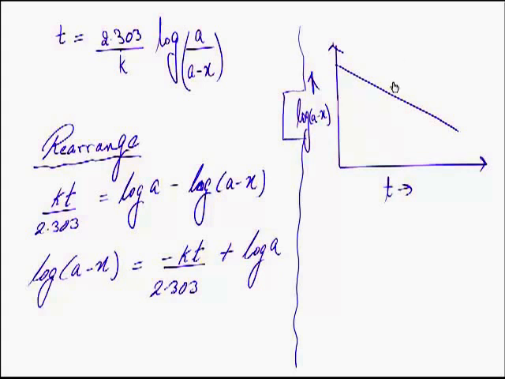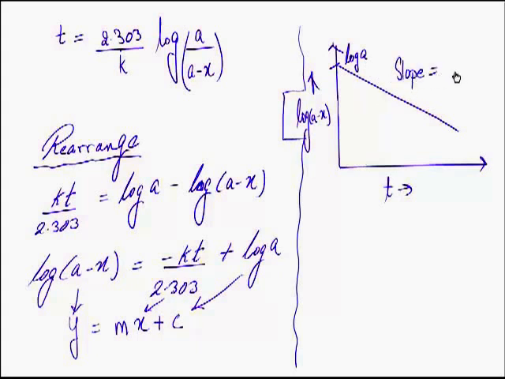and assuming this equation to be of the form y equal to mx plus c, we can calculate the value of k. So the y-intercept will be log a and the slope out here will be equal to minus k upon 2.303.